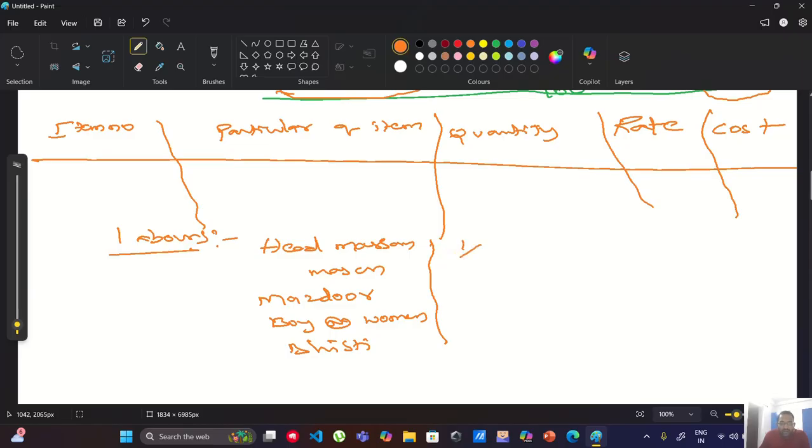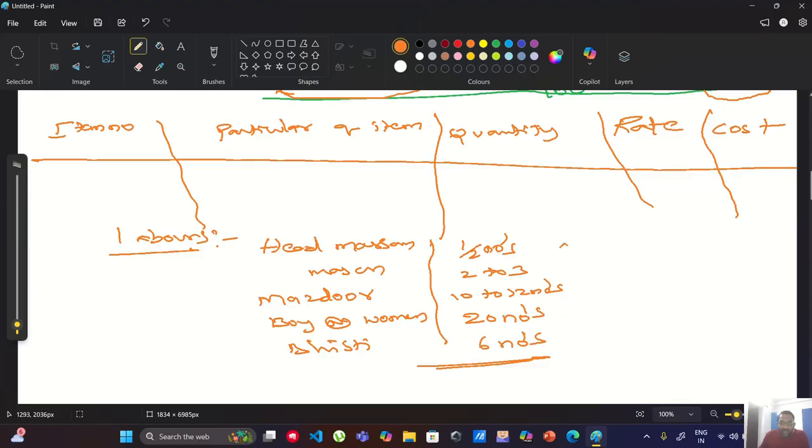Head mason is always half number, he spends half a day in this work, and the machine 2 to 3 numbers, mazdoor 10 to 12 numbers required for this work, boy or woman coolie 20 numbers required for this case, and the bhistis are 6 numbers. Why? Because this is an RCC work.